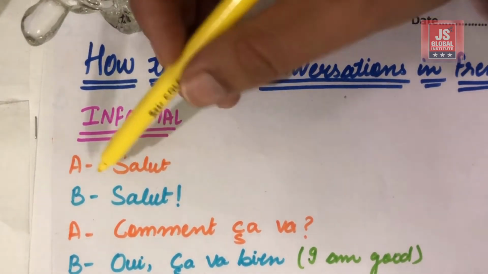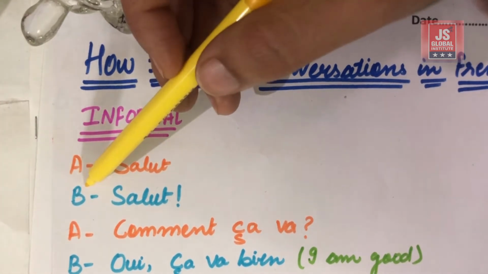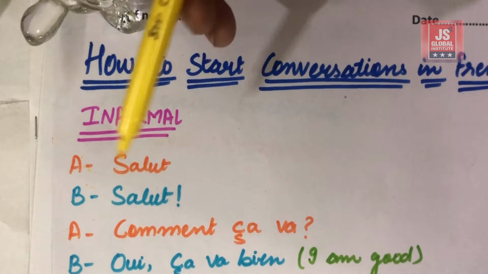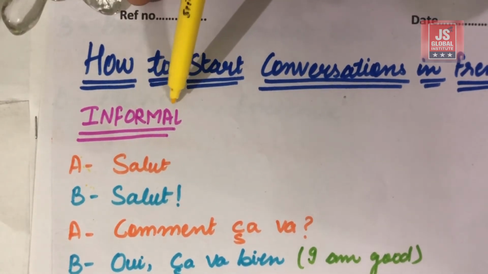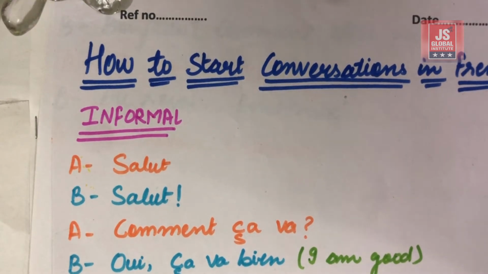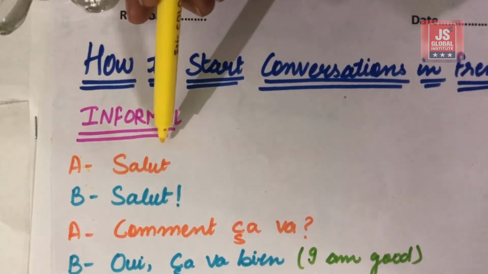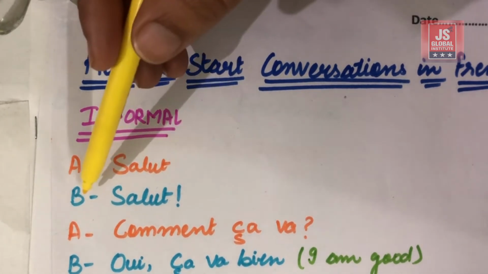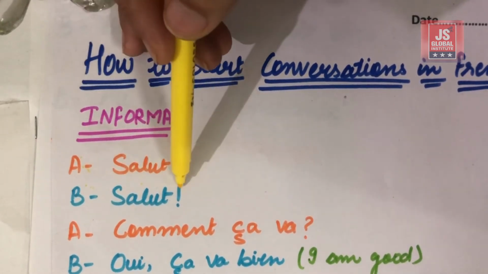Here I have referred A and B as two persons, two friends basically, who are conversing in an informal way. And one thing more, now I will not say alright, I will say d'accord. D'accord means okay. So A has said salut and B again said salut.